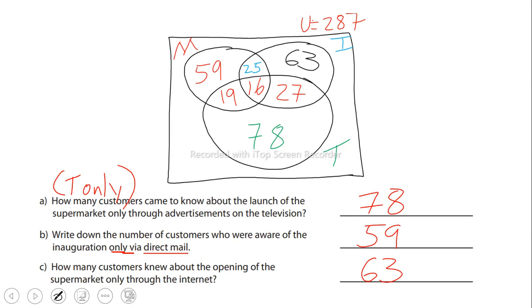So this question is asking us for T only. This one is asking us for M only. This one is asking us for I only. Okay, moving right along.